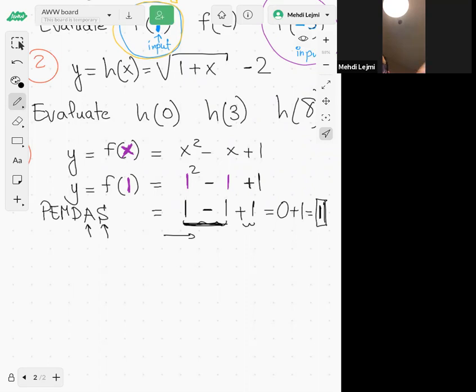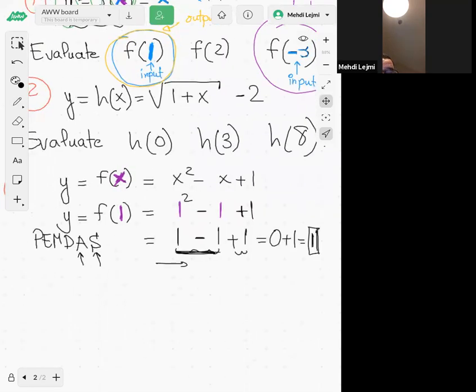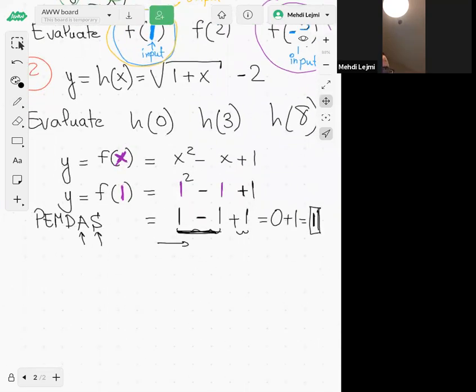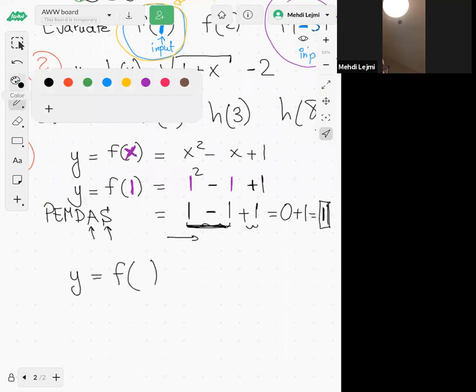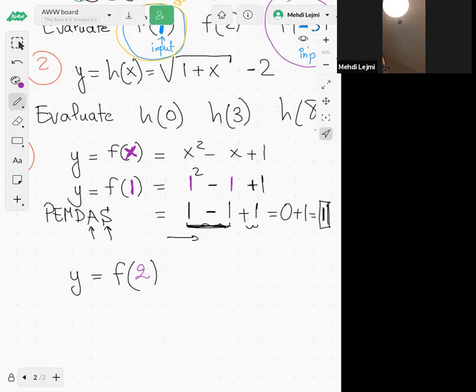Anyway, next we need to evaluate f of 2. So this x here is going to be 2, so we have 2 squared minus 2 plus 1.